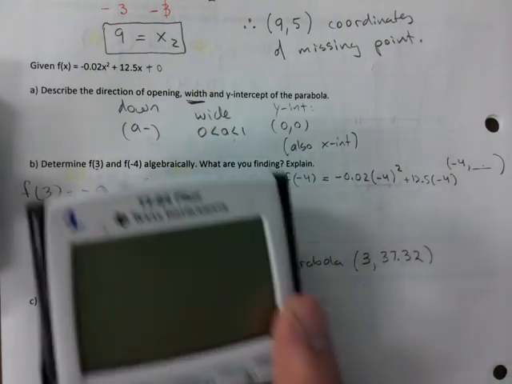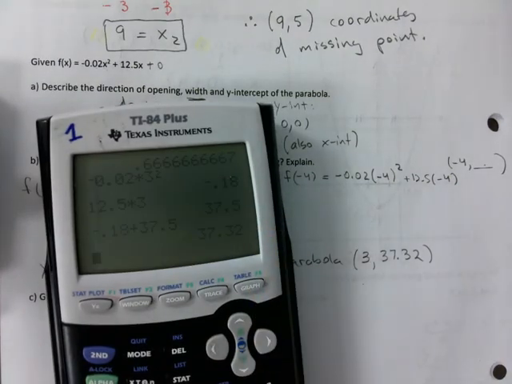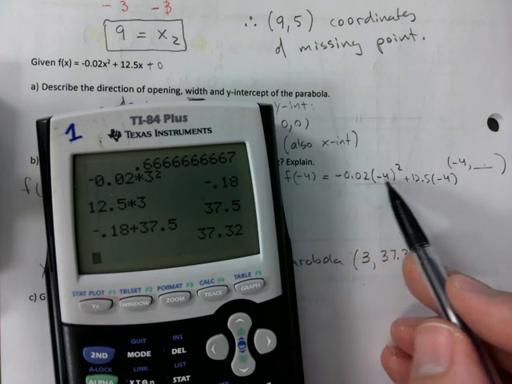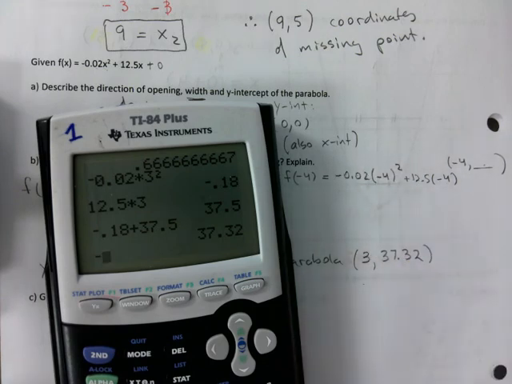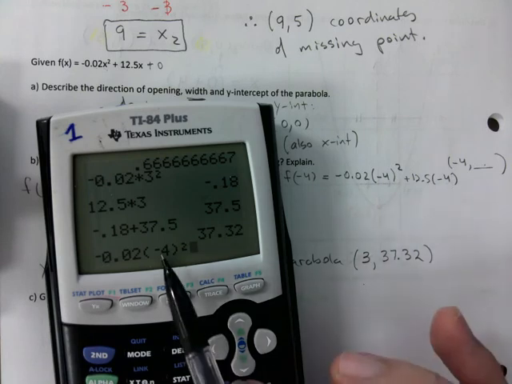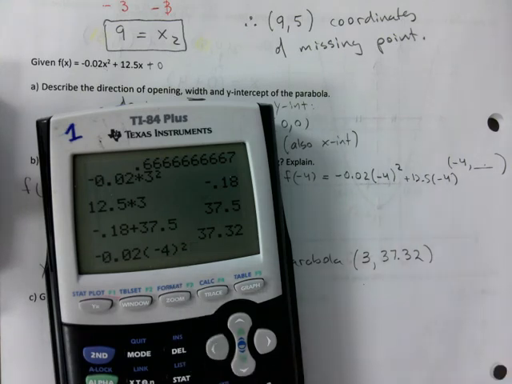And so I basically want you to grab your calculators, and I want you to be able to do this. You can type in this first part in one shot if you'd like. So negative 0.02, brackets. You use the negative button there, not the subtract. Whenever you start something new, you have to use the negative.